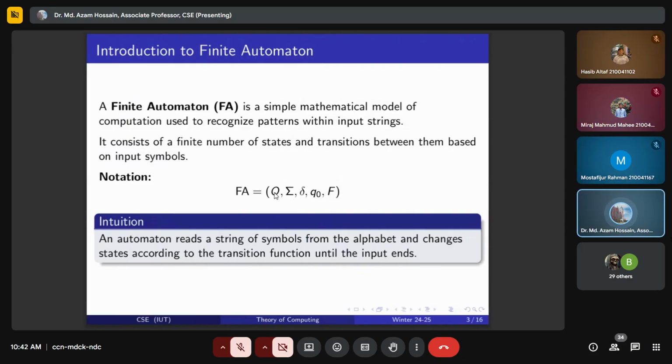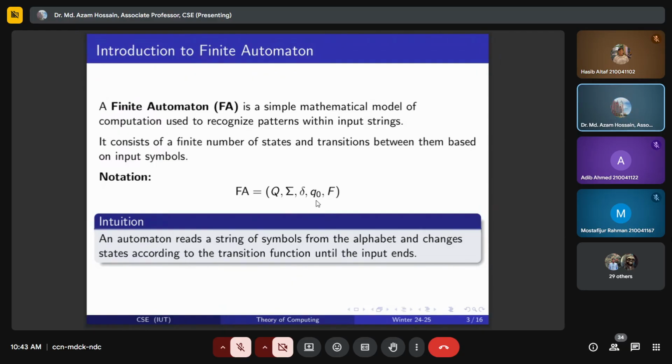So the first one is Q, the set of states. There could be more than one state, and sigma denotes the set of symbols. Delta represents the transition function. That means how the machine moves from one state to another state is determined by the transition function.